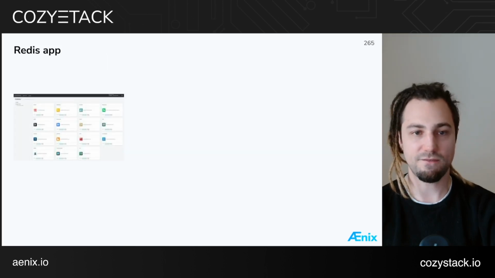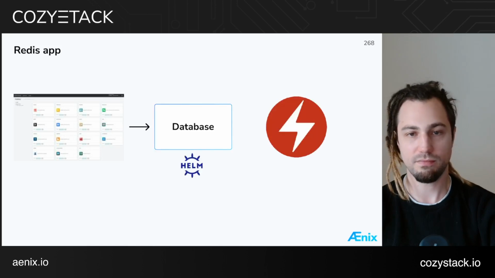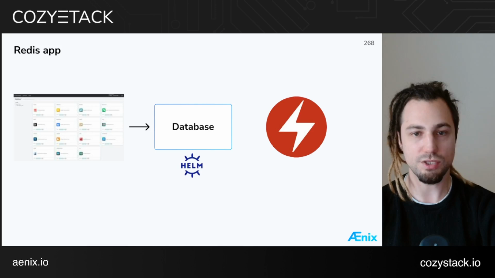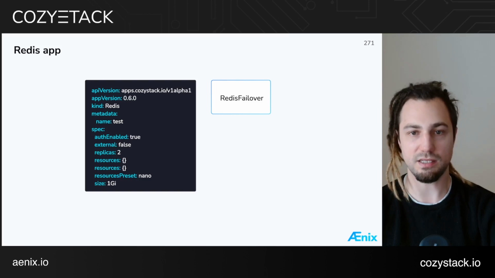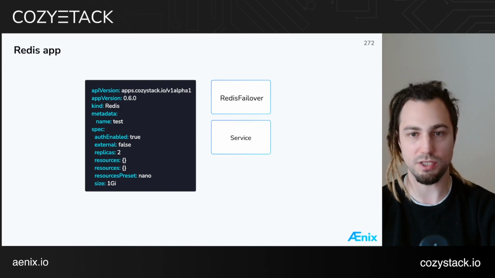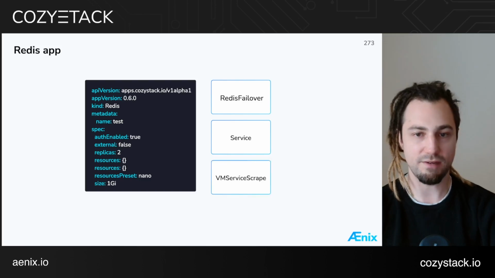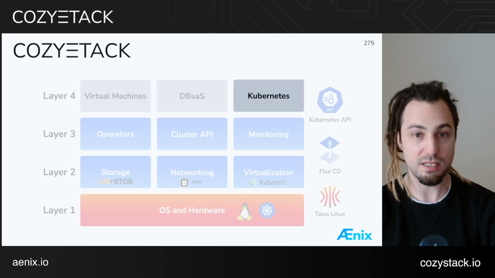So any time they create a new Redis, it actually creates the resources for this database, and it is still managed by operators. For example, a Redis cluster creates 3 extra YAMLs: a RedisFailover for the Spotahome operator, the service for accessing, and a VMServiceScrape for scraping the metrics. This is how it works.